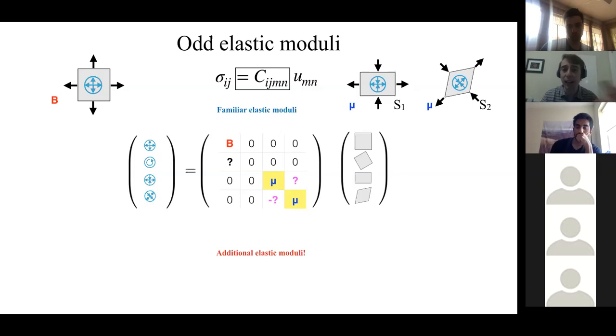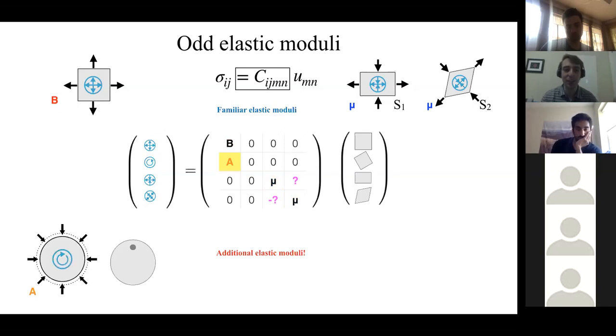But since we're breaking the major symmetry of this elastic modulus tensor, that means we're breaking the symmetry of this matrix. And so new elastic moduli can emerge. This first one, for example, couples dilation to a torque density. But notice that there's still no coupling between rotation and stress at all, because we have zeros in this column.